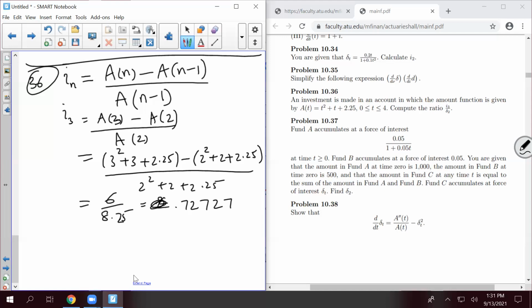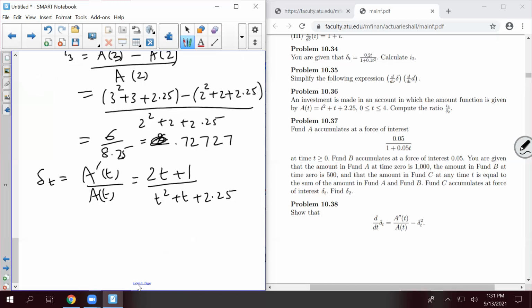What's the formula for delta t? A prime t over A t. So A prime t is 2t plus 1, and A t is t squared plus t plus 2.25. Delta 2 is obtained by substituting t equals 2.